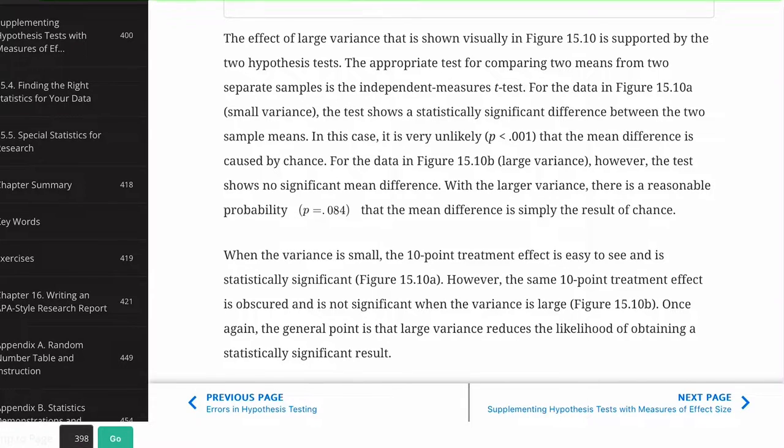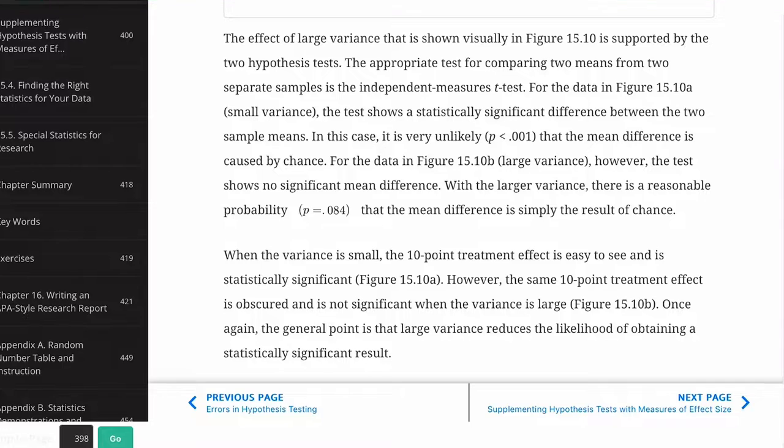Because there's so much more variance in the scores, the probability ends up being 0.084, which is a lot higher than 0.001 or 0.05 or whatever they set it at. And so it would look like the results were just due to chance, even though they weren't.